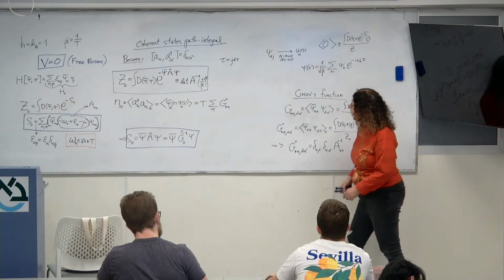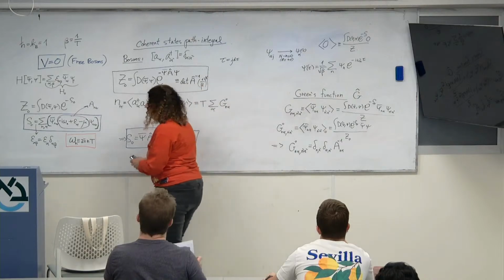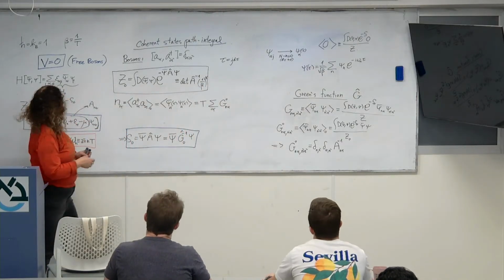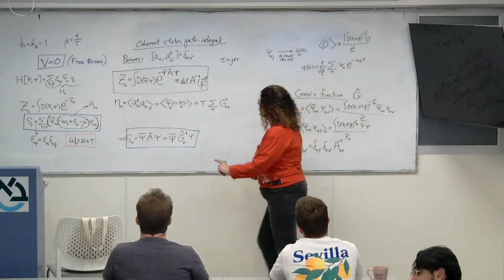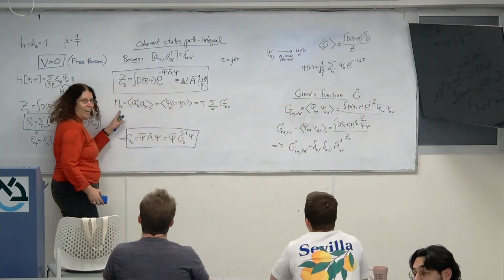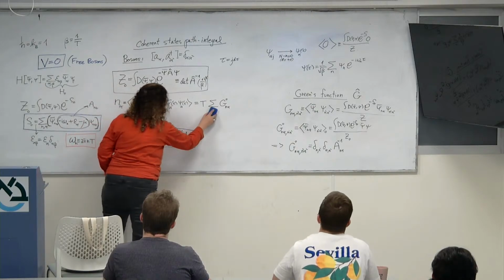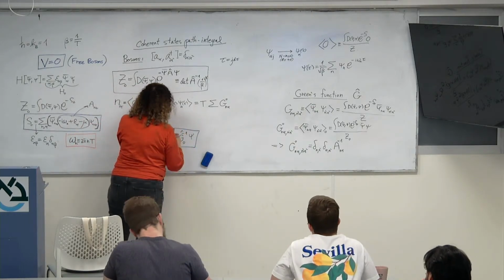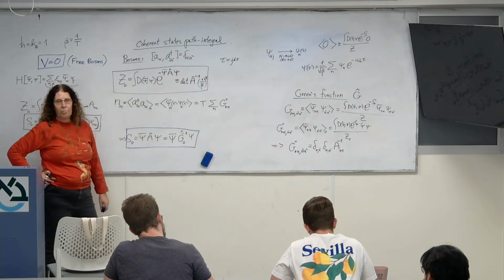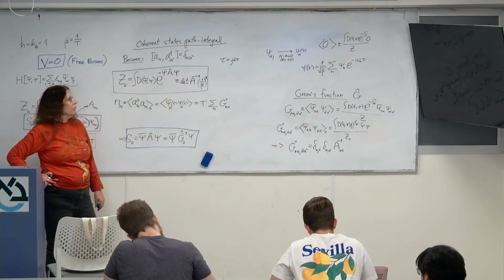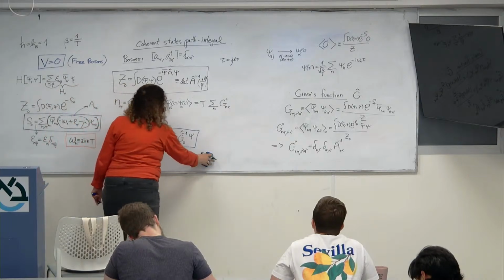It's sum over, sorry. Yes, that's a typo. Yeah, of course, thank you. It's for a particular alpha. Yes, of course. Sorry, that's very important. It's a sum over n. Okay? So that's what it is.